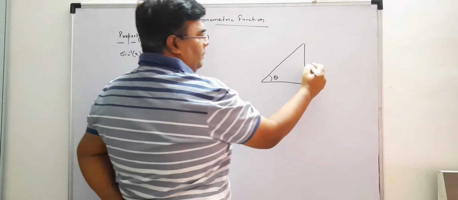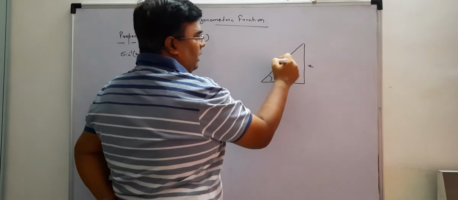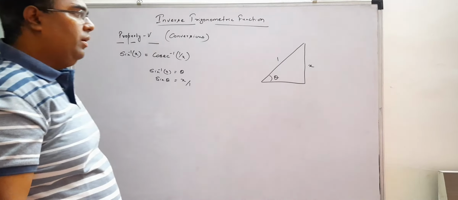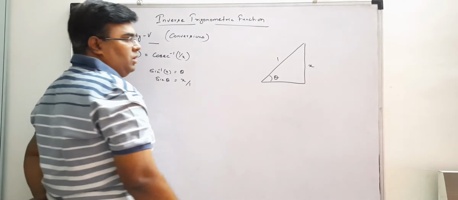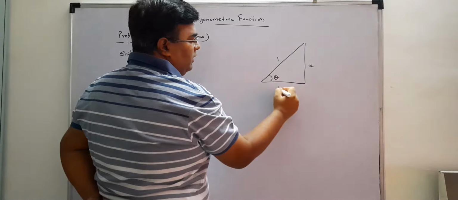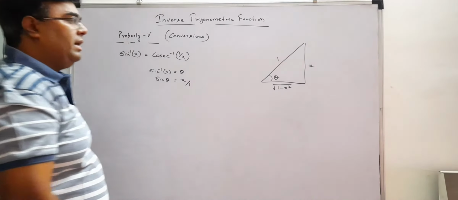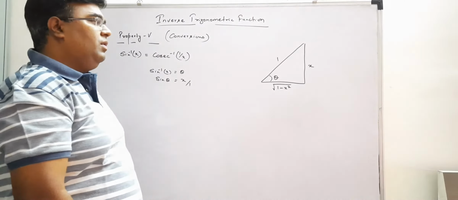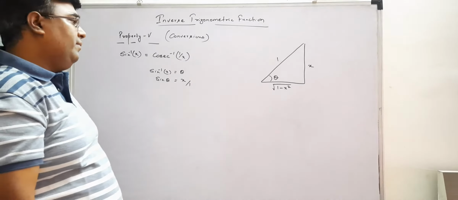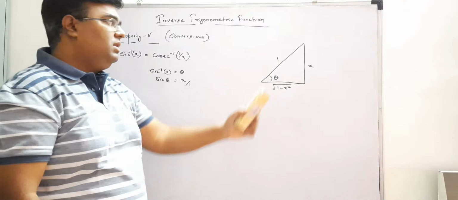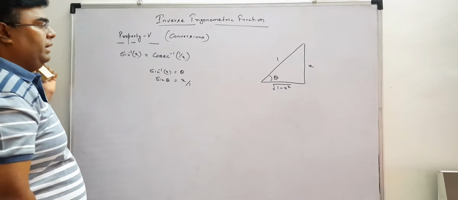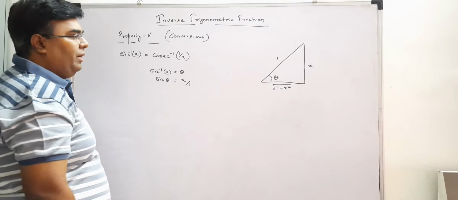So the perpendicular will be x and the hypotenuse will be 1, and from Pythagoras theorem this side will be the square root of 1 minus x square. Now we know all three sides, so we can simply write all the trigonometric ratios.